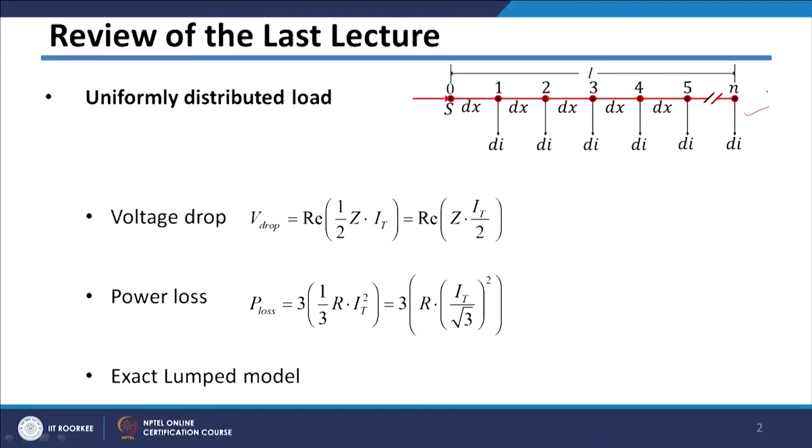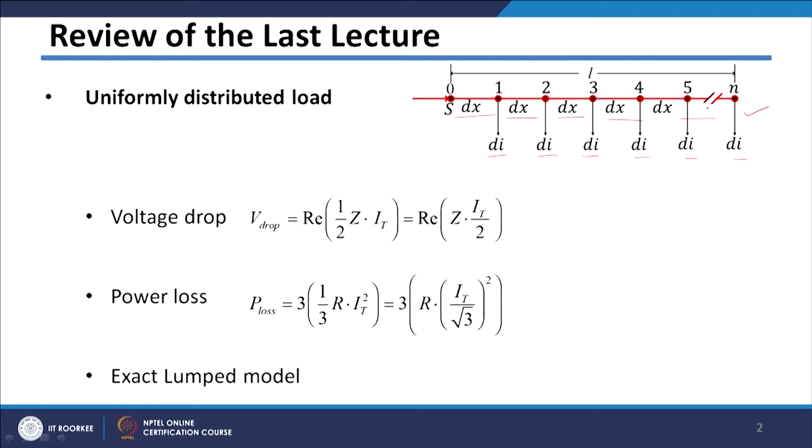Particularly in last lecture, we have seen uniformly distributed load, where the loads are distributed over the feeder, and if you see this particular figure in this slide, you are having same size of the loads which are connected at the same distance along the feeder. This is an approximation of various kinds of loads.